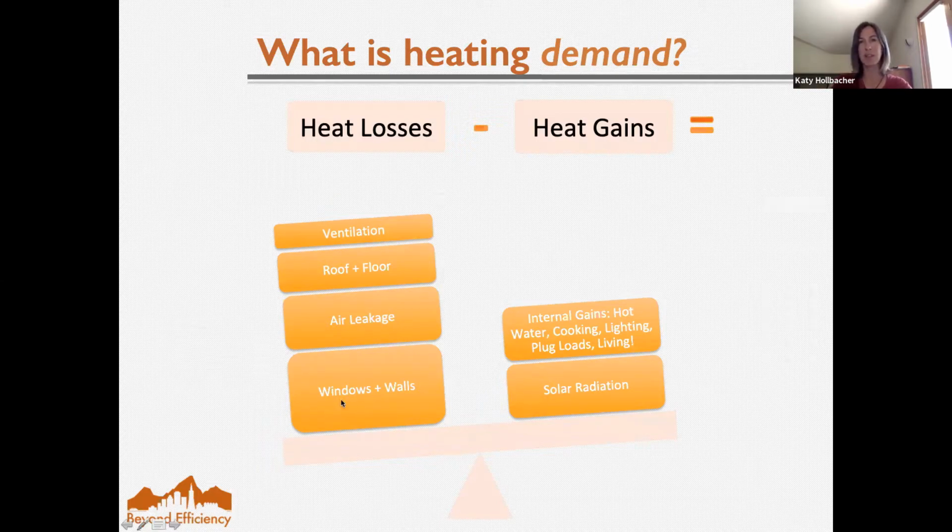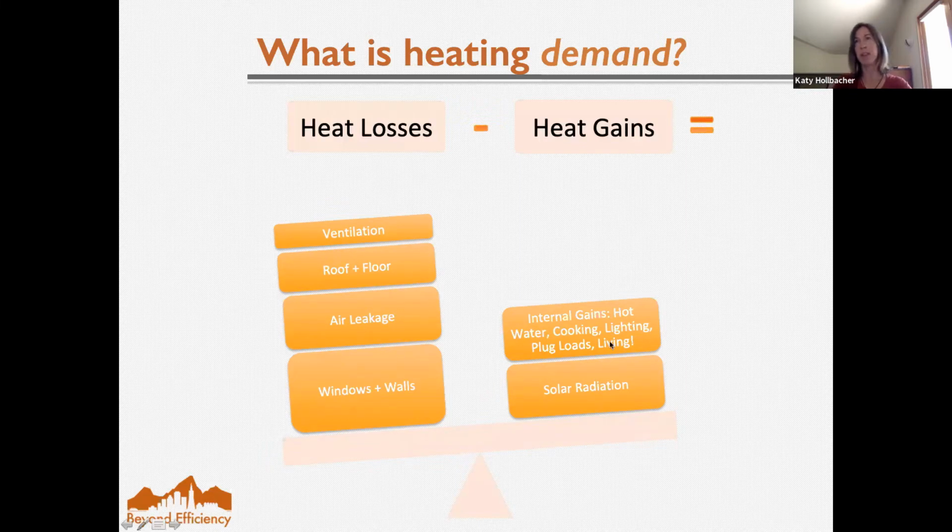We're losing conductive heat through windows and through walls, through your floor, through your roof. There's accidental air infiltration or exfiltration from not having a very airtight building envelope. And then finally, just to ensure good air quality, we do need a certain amount of air exchange, ventilation. But bringing in 40-degree outside air, needing to heat it up to 70 degrees, of course, has an energy impact. So these are the typical ways we're losing heat.